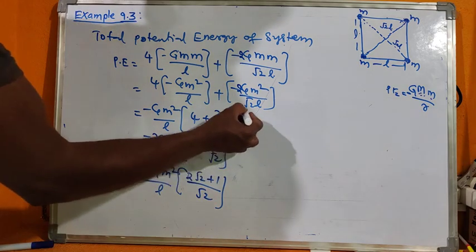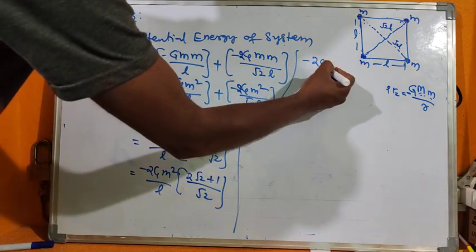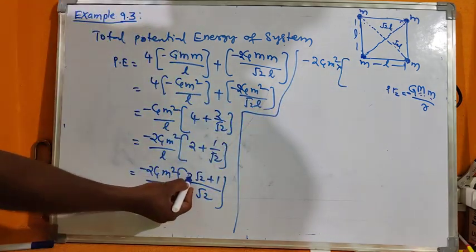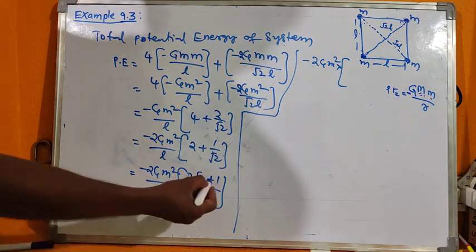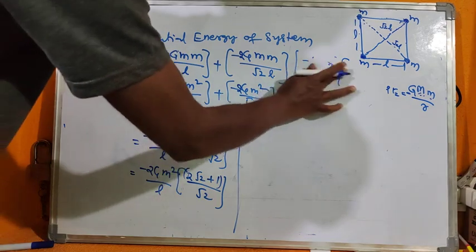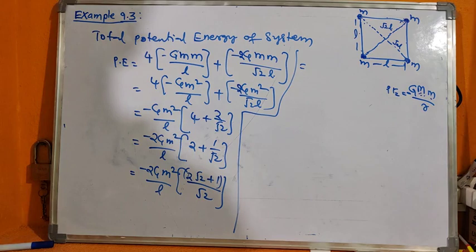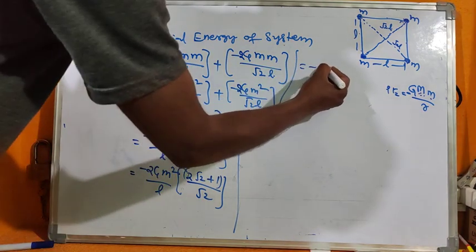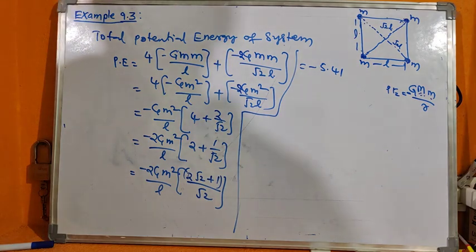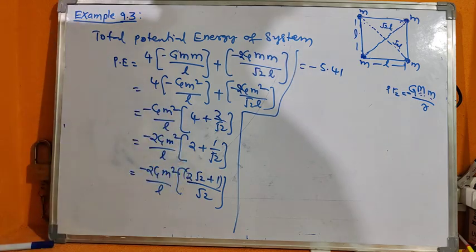Okay, so then this is equal to minus 2Gm square into, this 2 we can write as root 2 into root 2. After solving this totally, how much did we get? That is equal to minus 5.41.